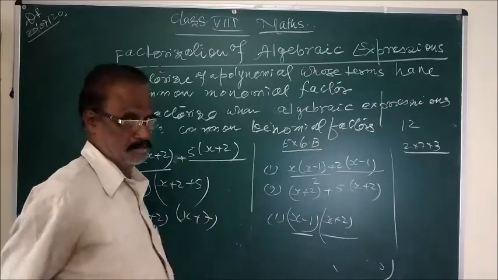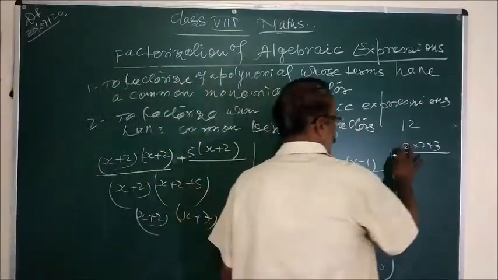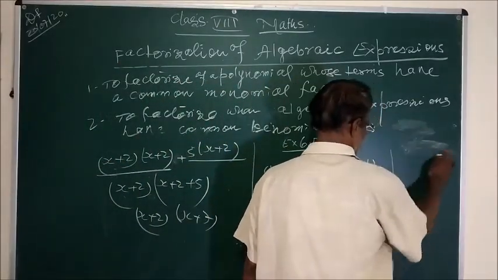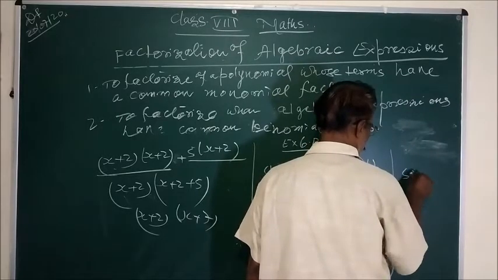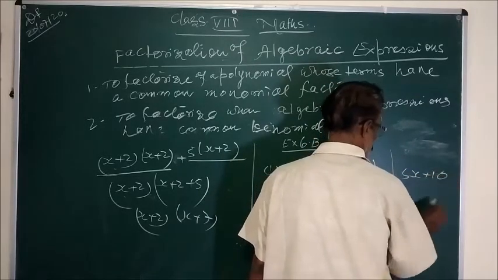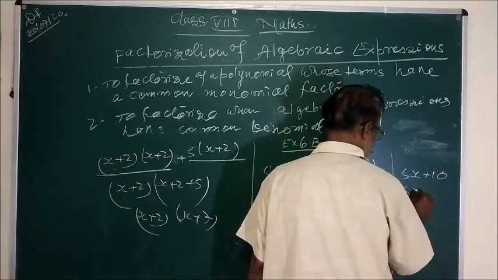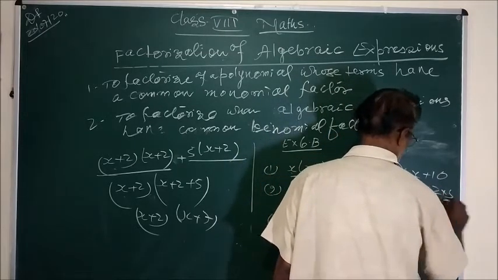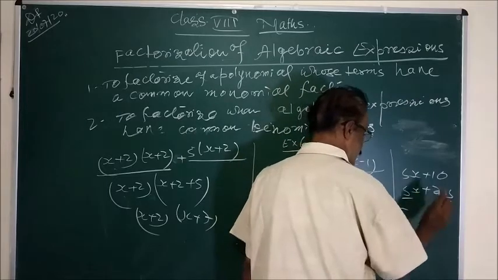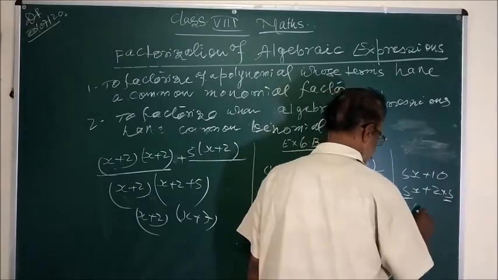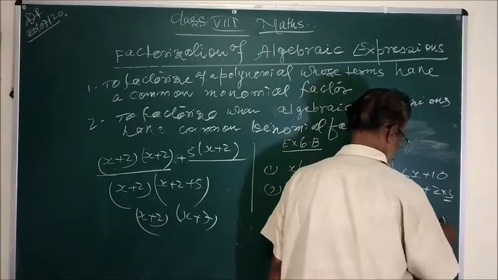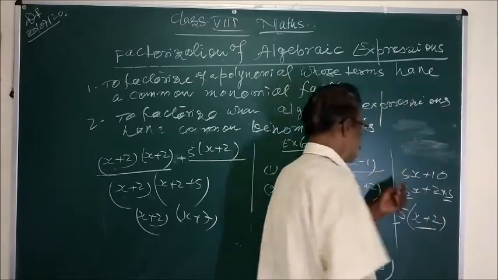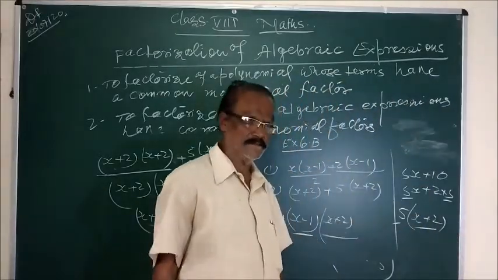A single term. We can take more examples. Suppose 5x plus 10. 5 into x and plus 10 is 2 into 5. What is common? Common is 5, a single term, monomial. And here will be x and here will be 2. So these two are the factors of 5x plus 10.